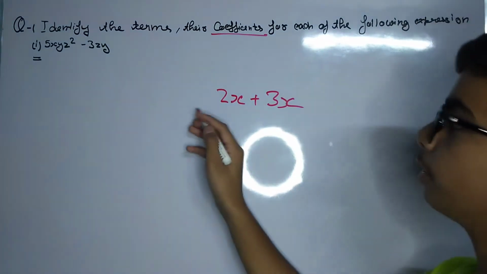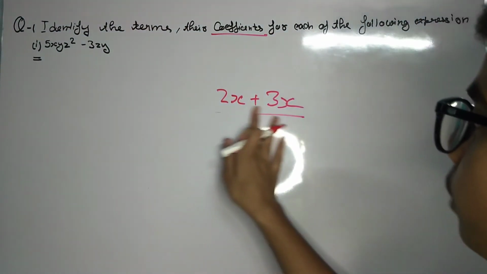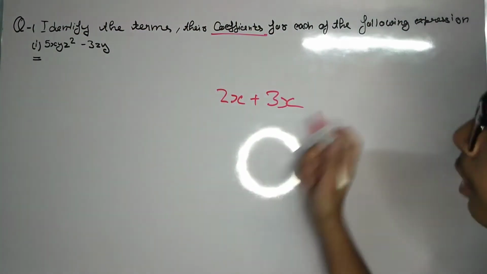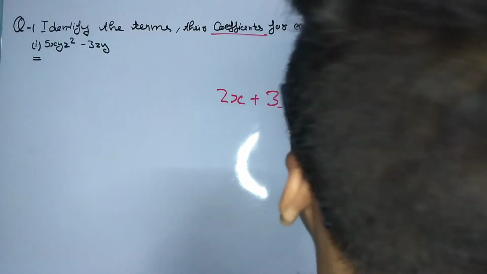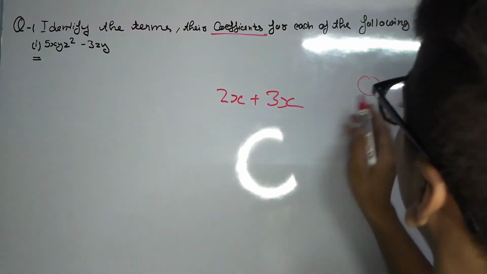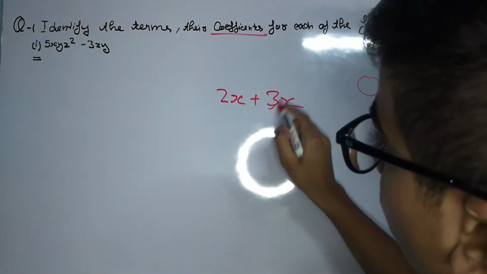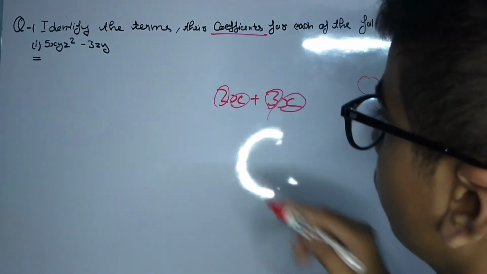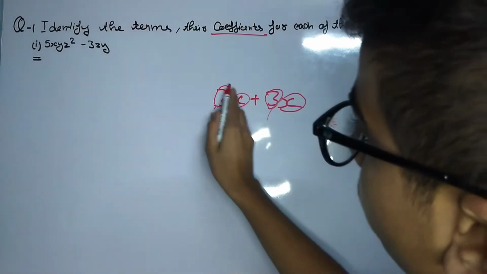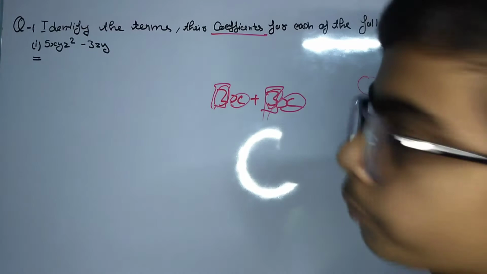This is not a number, this is an expression. In an expression there are terms, and in every term there is a variable. The number which comes before a variable, like this number and this number, is known as the coefficient.